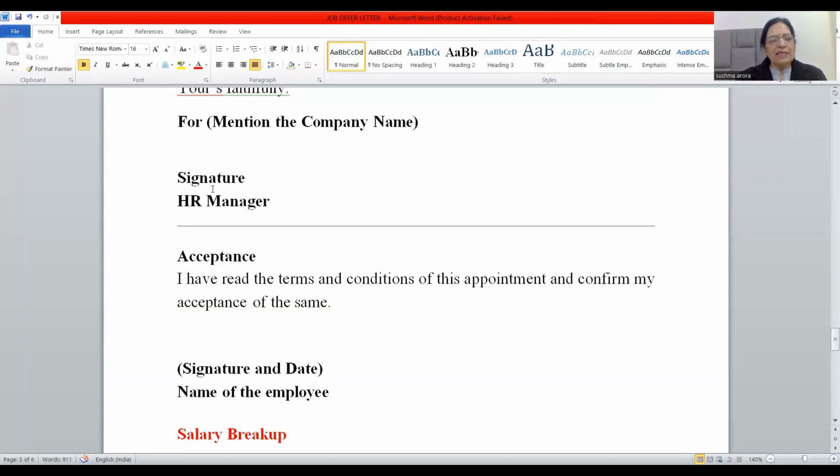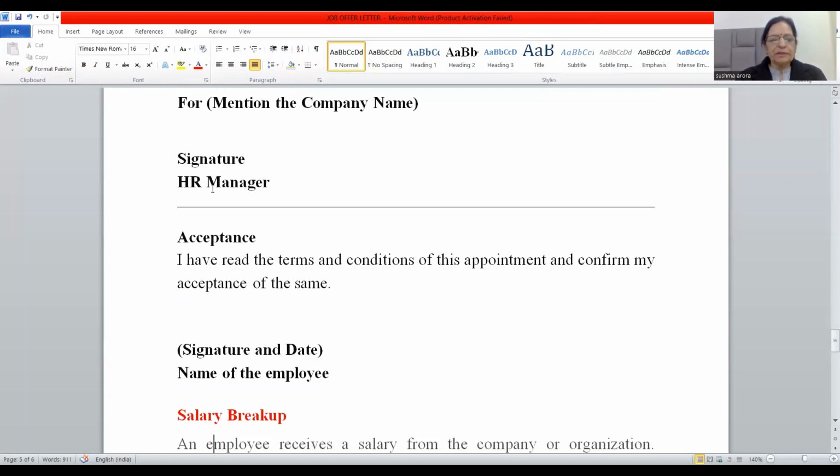So then he will write the acceptance letter: I have read all the terms and conditions of this appointment and confirm my acceptance of the same. He will put his signature with date and he will write his name.